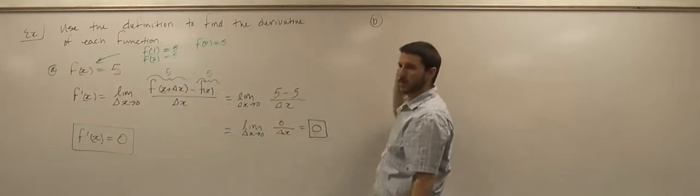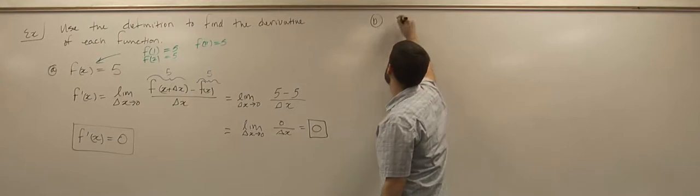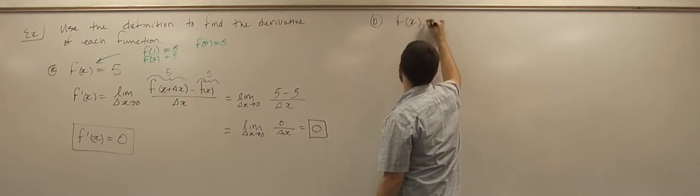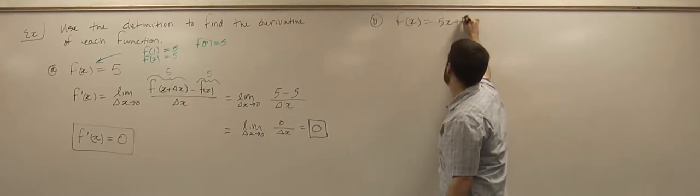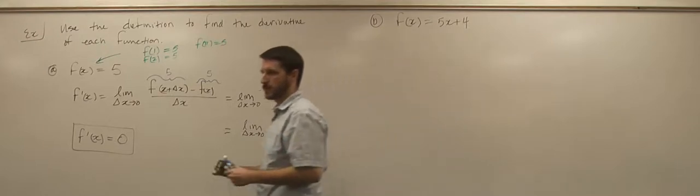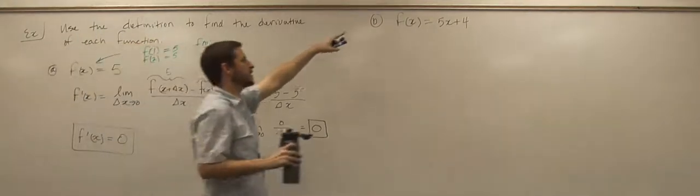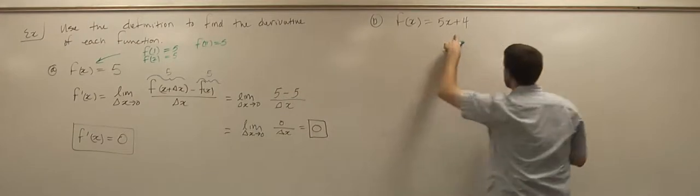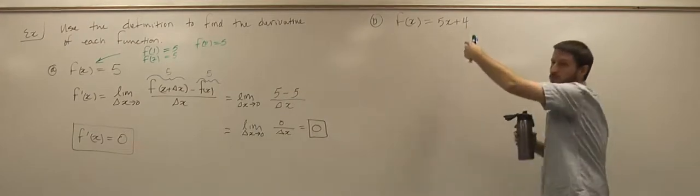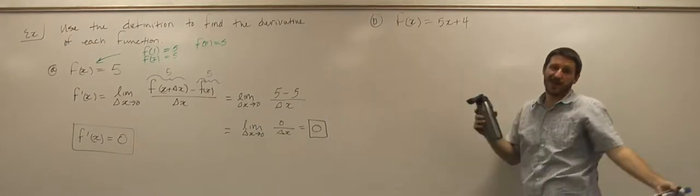Now this is different from, say, this one. Same problem: I want to find the derivative using the definition. You should still have an intuition. What do you think the derivative is? 5.